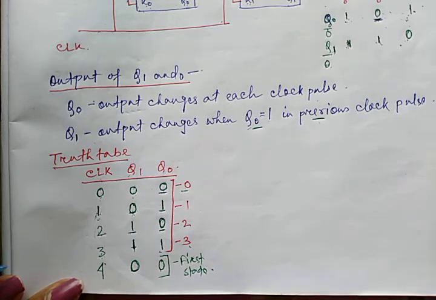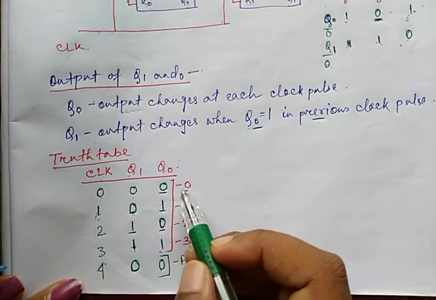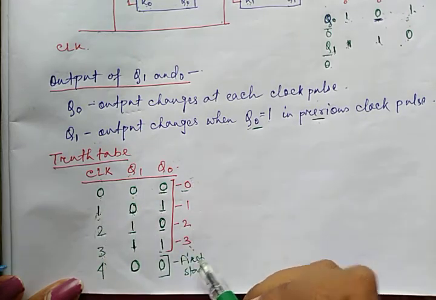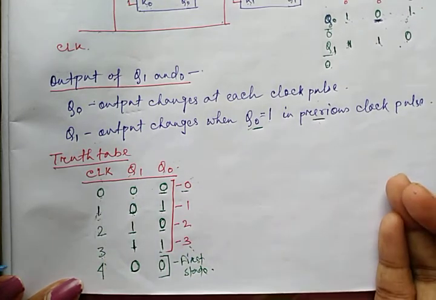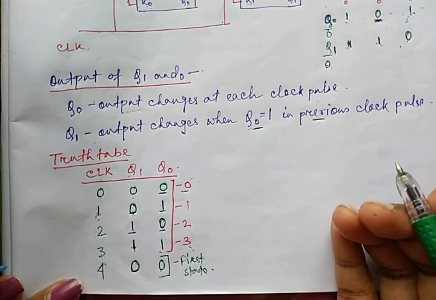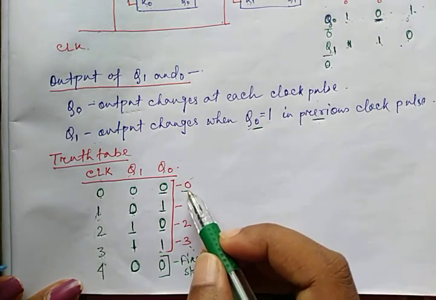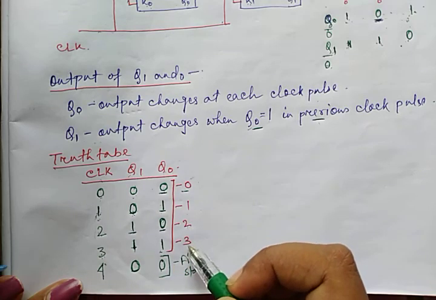So as this is a 2-bit counter, only 4 clock pulses will give us 4 binary numbers, but during the next clock pulse again it will start to count from 0 to 3. So however many clock pulses you give to this synchronous counter, it can only count these 4 states, 0 1 2 3.